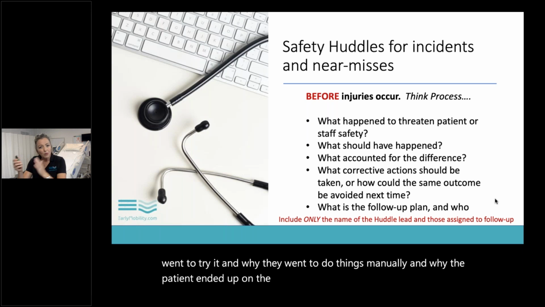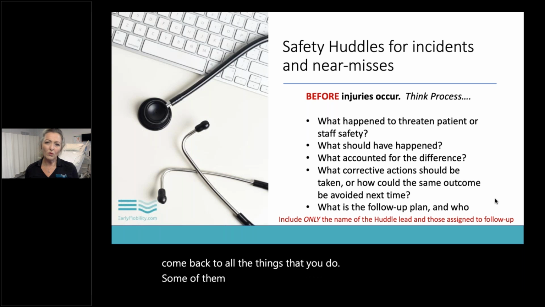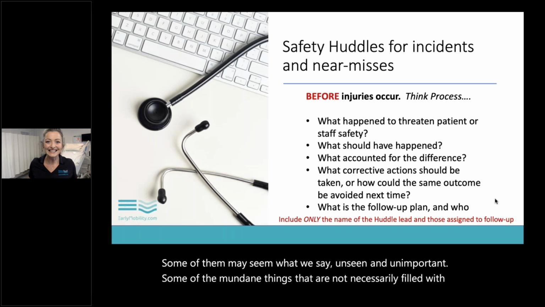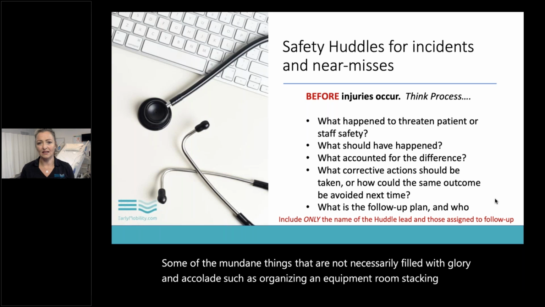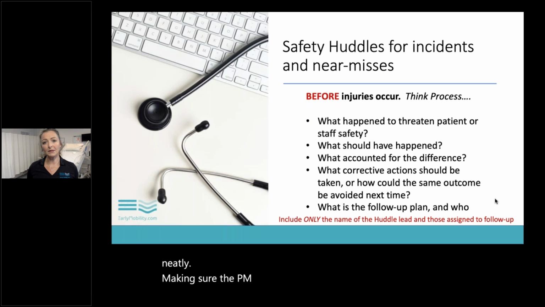So again, what I want to do here is just come back to all the things that you do. Some of them may seem, what we say, unseen and unimportant. Some of the mundane things that are not necessarily filled with glory and accolade, such as organizing an equipment room, stacking slings neatly, making sure the PM labels are easy for people to see.